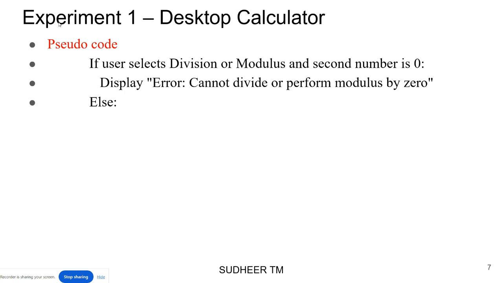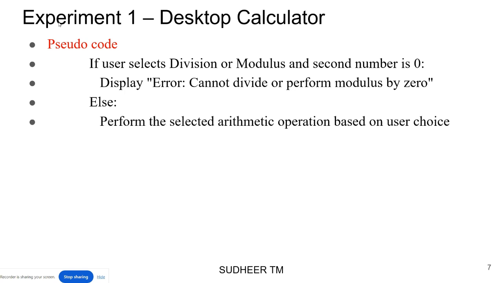From a Python point of view, how can we implement it? If operation code is equal to division or operation code is equal to modulus and number 2 is equal to 0, if all three are satisfied, display the error message. Otherwise, else perform the selected operation.